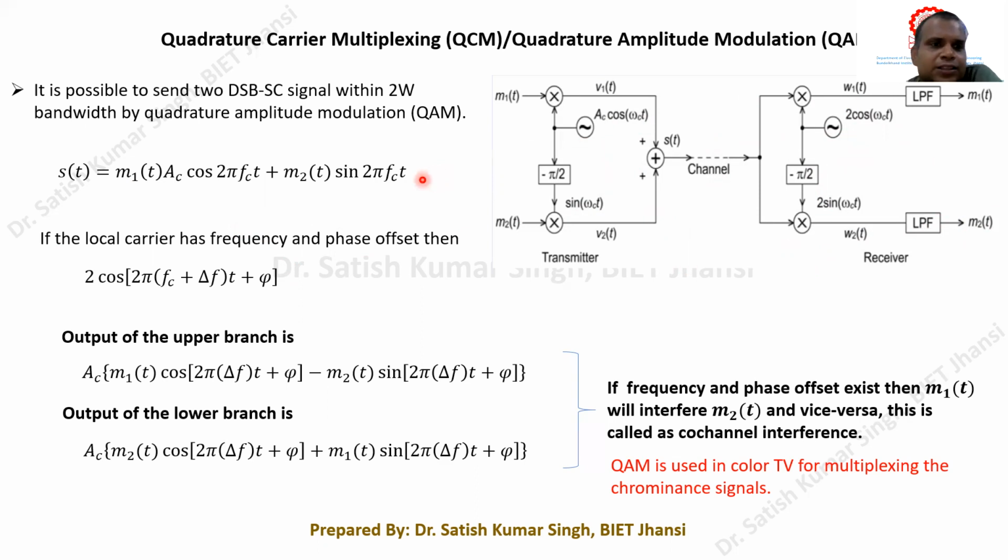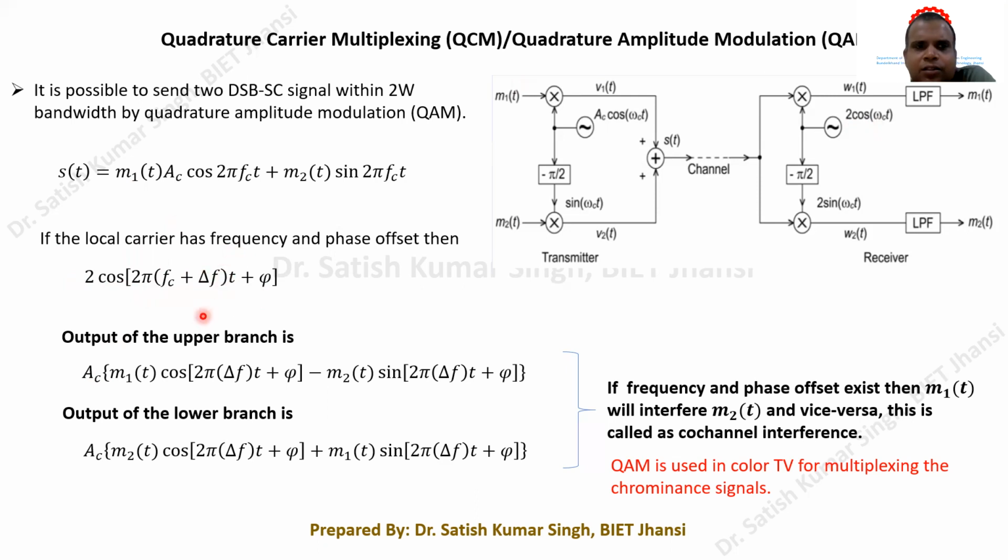Let us suppose we have a carrier, for example, 2 cos(2 pi (fc plus delta f) t plus phi). Instead of multiplying by 2 cos omega ct, we multiply by this carrier, in which delta f denotes the frequency offset. It may be plus delta f or minus delta f.